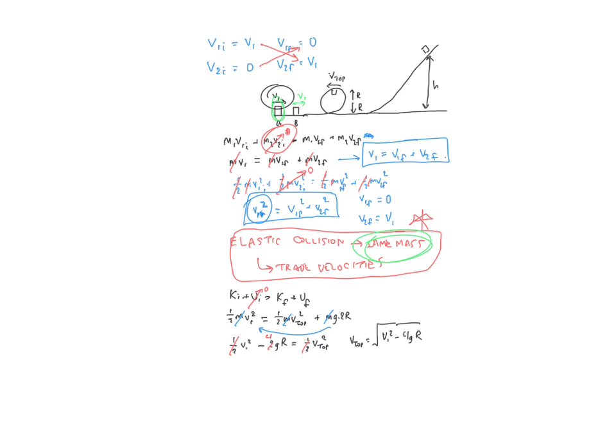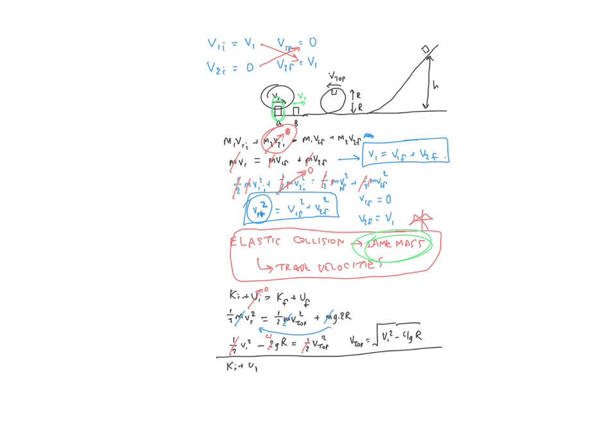All right, part 3, derive an expression for the maximum height that the block can reach. So now instead of comparing this as the initial point with up here as the final point, we're going to compare this initial point with up here as the final point and still use conservation of energy since the track is frictionless.